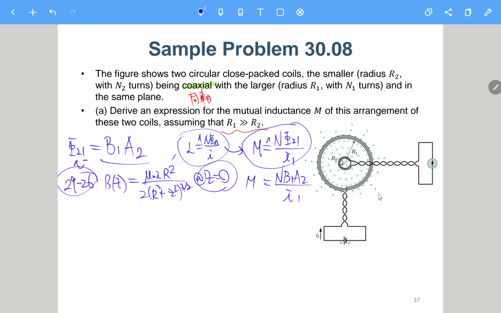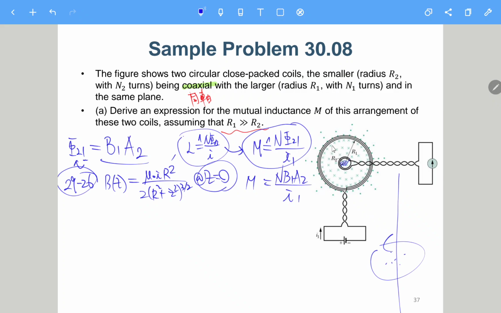This expression is for a coil, and we can calculate the B field generated on the axis. Actually this is not uniform for different points, since it depends on the radius, but here we assume that R1 is much larger than R2. So we just assume that the B field is uniform. B1 is uniform over this whole cross-section area.